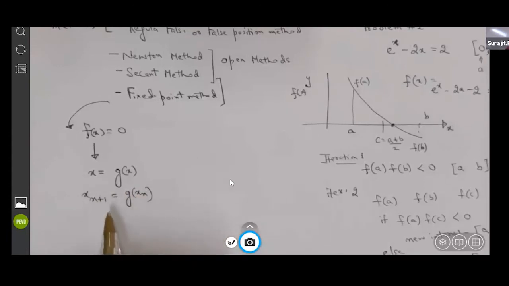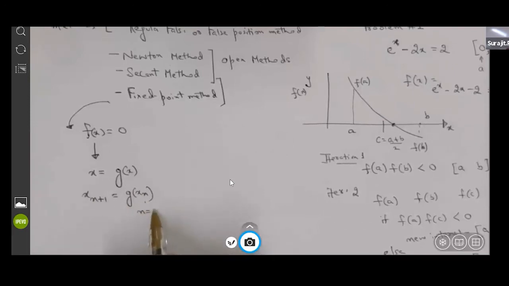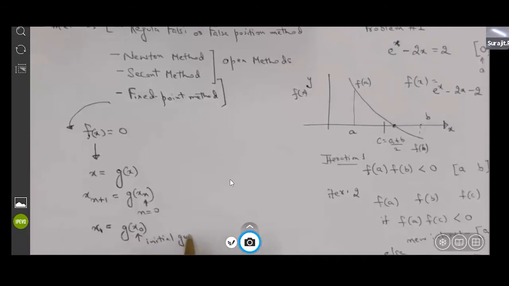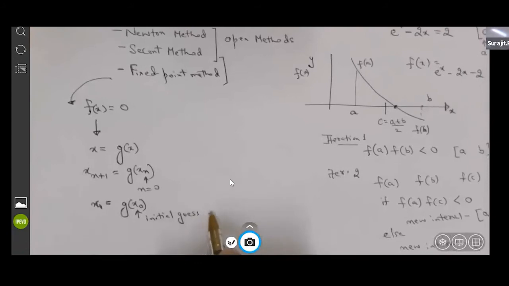And then we do the iteration over x such that x of n plus 1, the value of x for the next iteration, is dependent on this function g of x. If I start with n equals 0, then after one iteration the value of x will be g of x of 0, where x of 0 is the initial guess or starting guess.